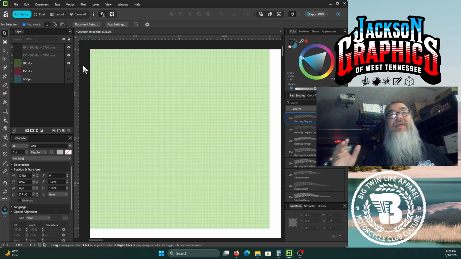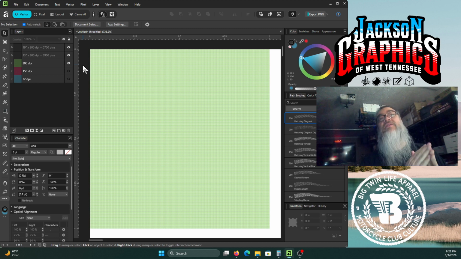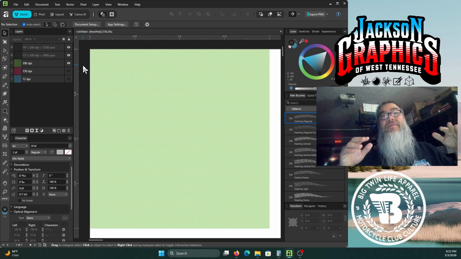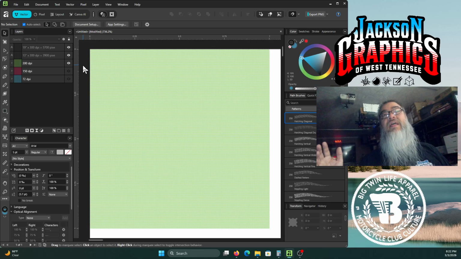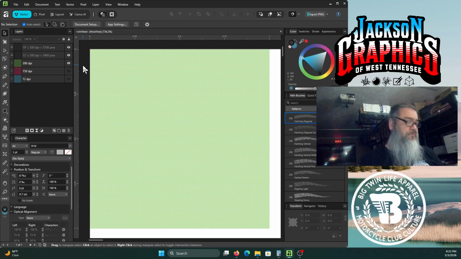So now instead of 72 dots filling up the inch, they've got 7.2 dots filling up the inch. So their quality of data has decreased incredibly, by a factor of 0.1. So that is why it gave them the error.